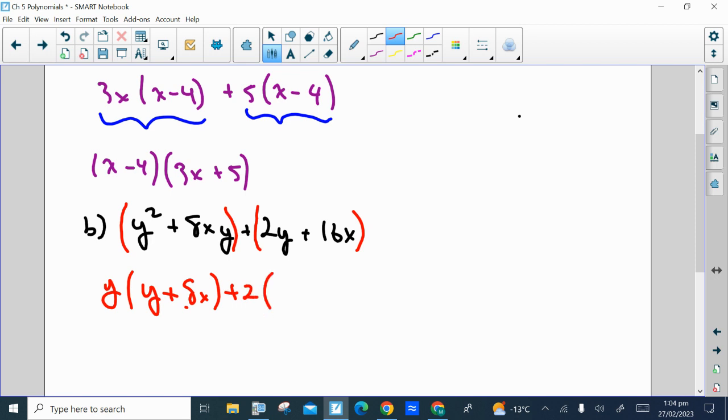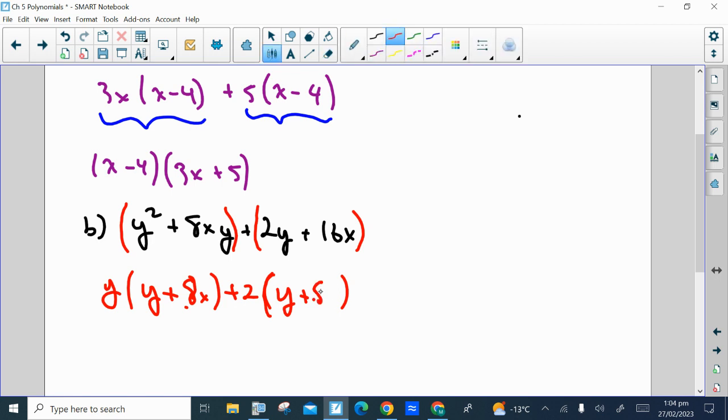When you take out a common factor of 2 out of these last 2 terms, what will be inside the bracket? What will our other factor be? And now this, you said 8x, right?